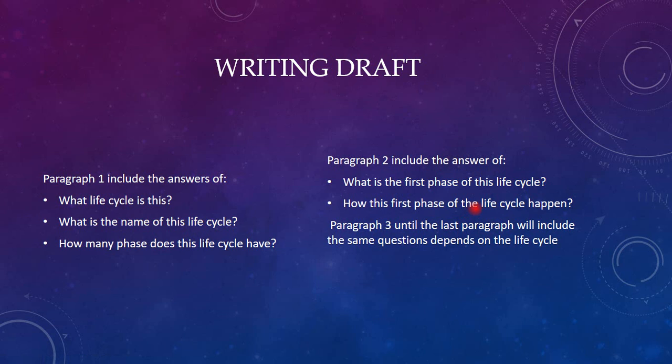I'm not really sure how many paragraphs you will have because it depends on the phases you have. For example, if you have 3 phases of the life cycle and you also add the introductory paragraph, it's gonna be 4 paragraphs. It doesn't matter, because what matters is the phases that you have.